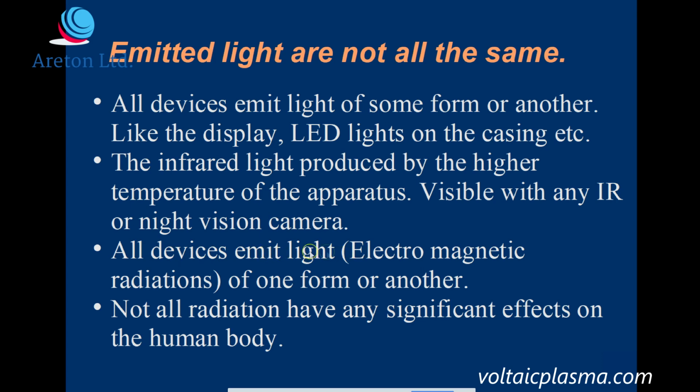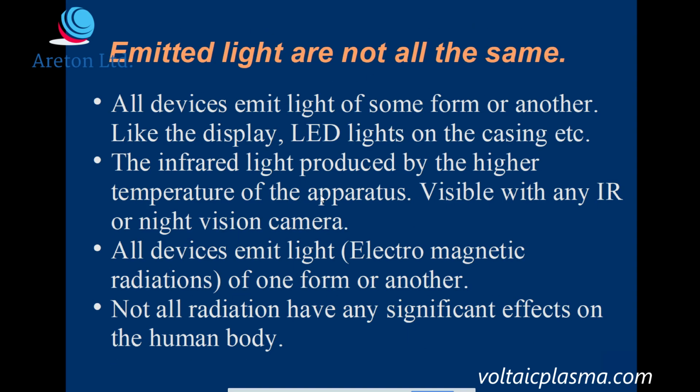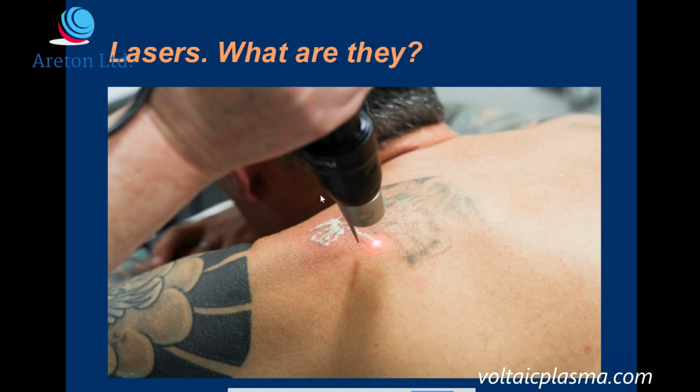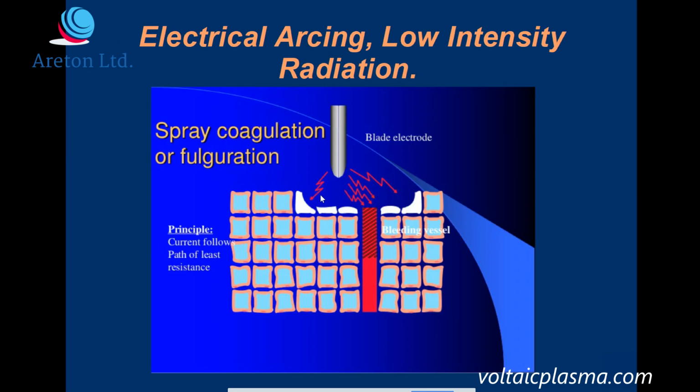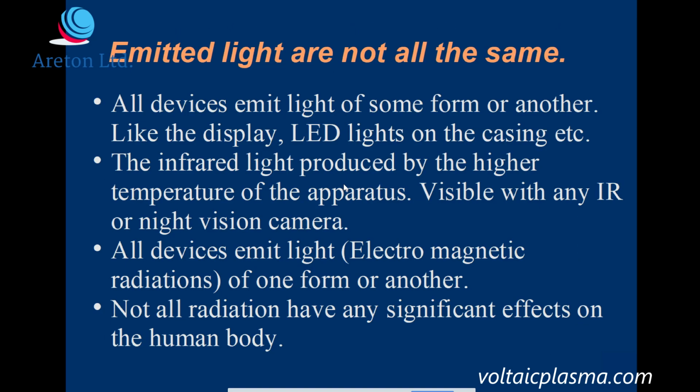All devices emit electromagnetic radiation in one form or another. Not all radiation has any significant effect on the human body. This is the important part, because as we'll see, the light emitted by electrical arcing devices like this one does not have any effect on the human body or skin.